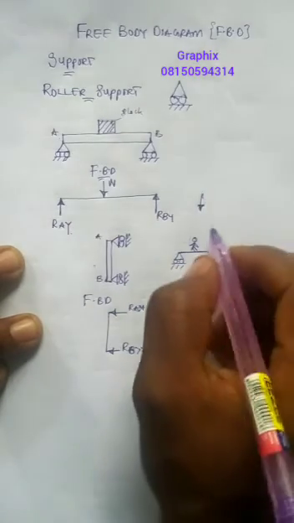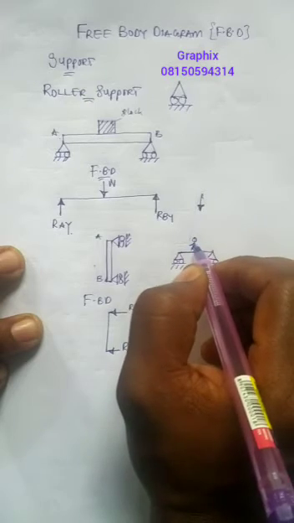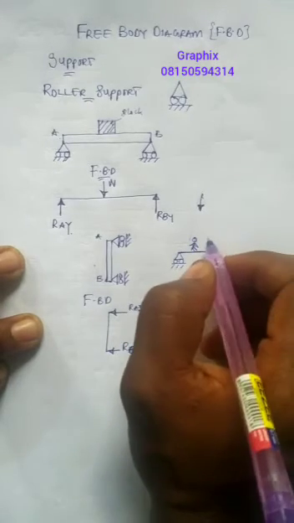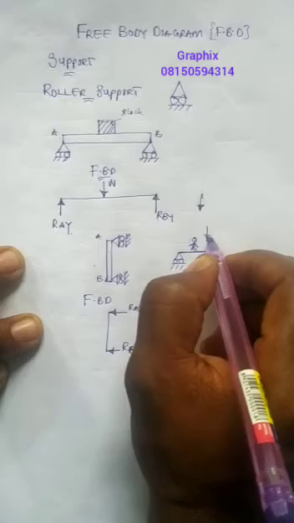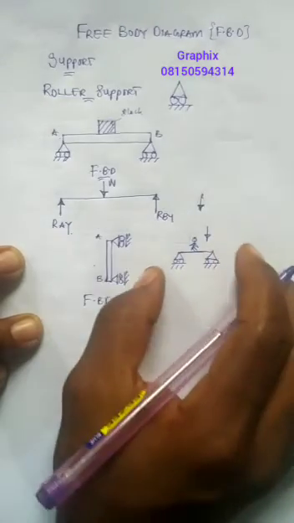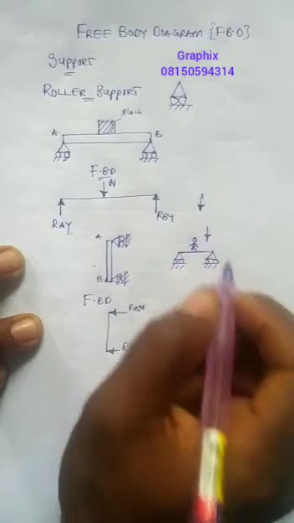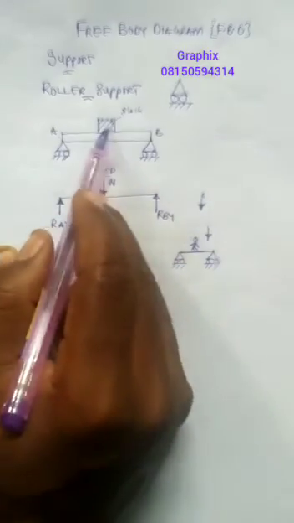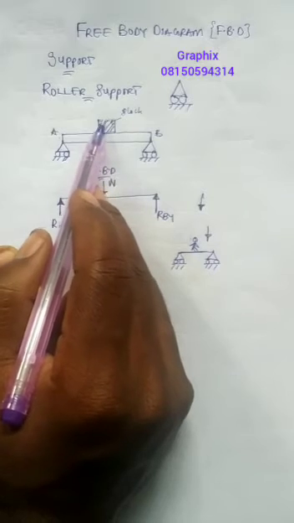The person is having a weight, and that weight is a load. So since it's a load, it is the action force, right? Now the support is trying to carry the load, so it is the reaction force.